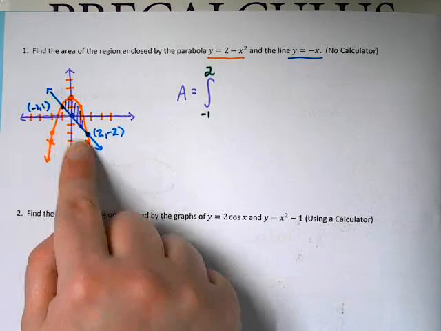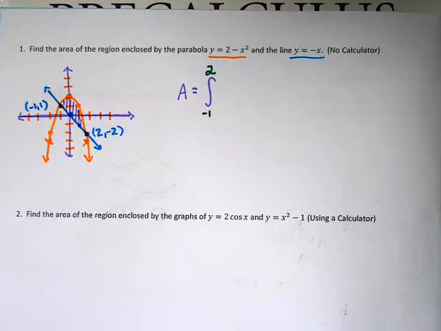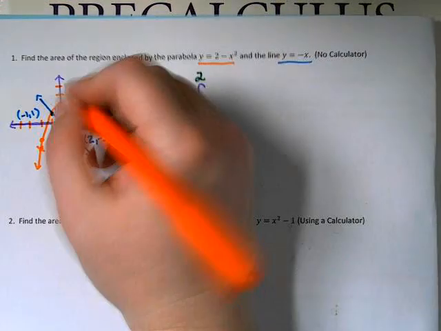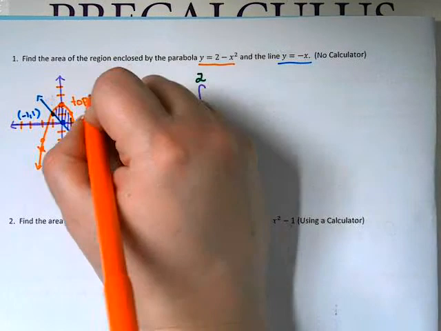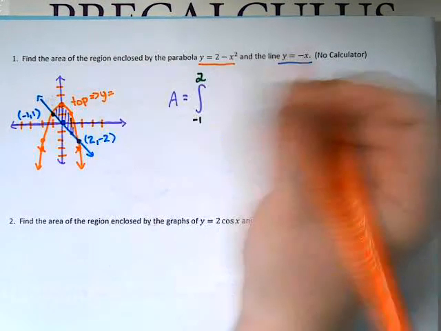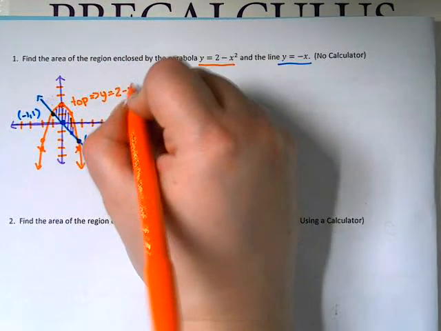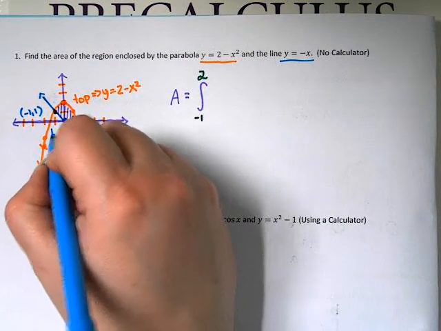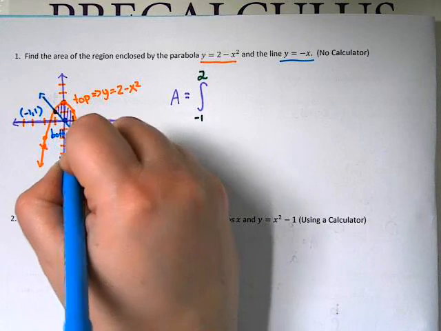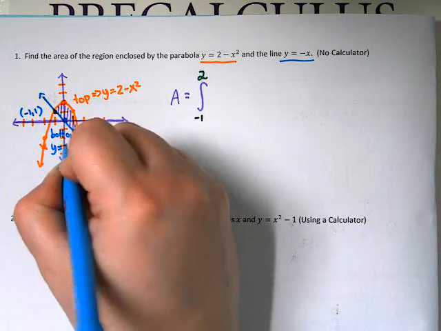And then the blue line is on the bottom, which means my top function is the function y equals 2 minus x squared. And then the bottom function is the line y equals negative x.